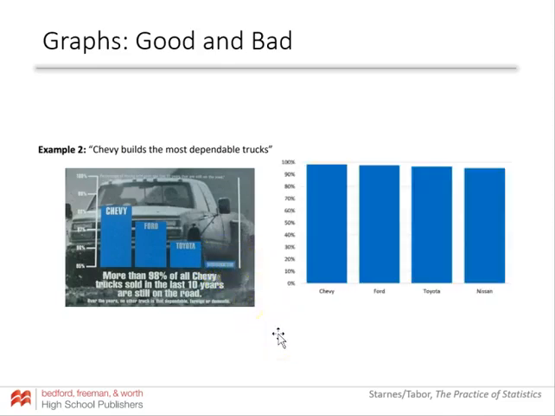So if we took this same graph and put it on a 0 to 100 scale, the difference doesn't look that large. So over here, Chevy looks great. Over here, they all look great. So all y-axes should start at 0 generally, especially when we're dealing with percents, because otherwise the graphic can be misleading.